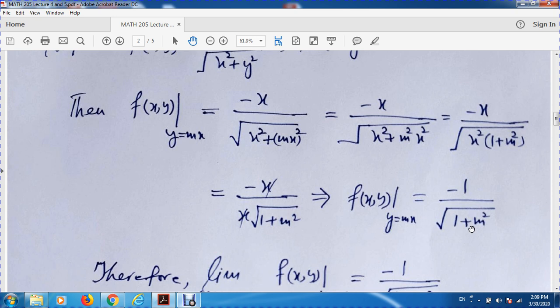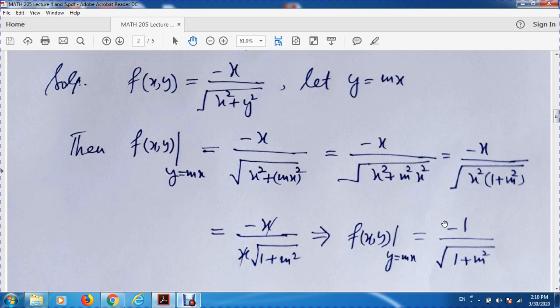If the final answer is in m, it means for different values of m we get different answers, so we say the limit does not exist. But if at the end we get only a number, say 2 or 3, with no m, then for any value of m it will not change, so we say the limit exists. I think now it is clear.